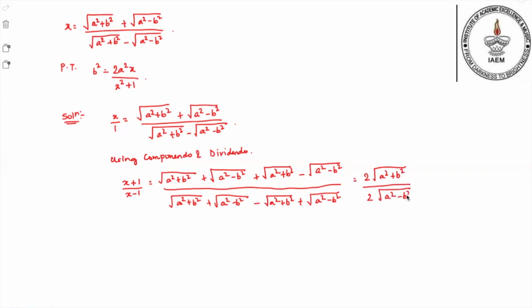If we now square both sides, we will have (x plus 1) whole square by (x minus 1) whole square equals (a square plus b square) by (a square minus b square).